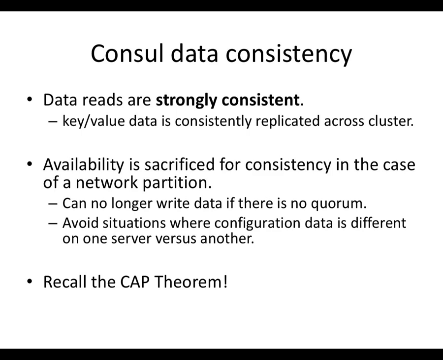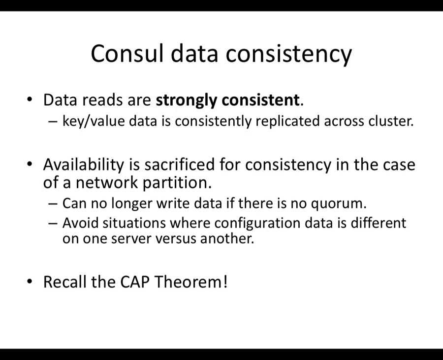You would never want a scenario where one service is looking for the location of another service and gets a response, and another service looks for the same location but gets a different response. That service discovery mechanism needs to be strongly consistent, meaning that the same value has to be present on all of the nodes in the cluster at all times.